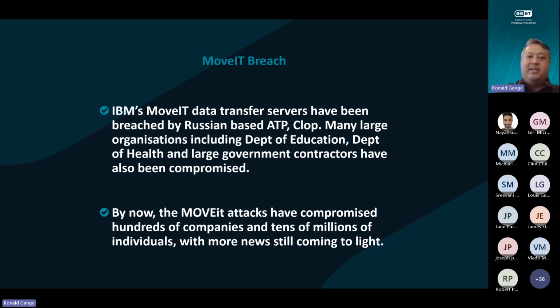Many large organizations, including departments of education and health, as well as large government contractors, have been compromised. Hundreds of companies and tens of millions of individuals' data have been breached, and more are still coming to light.